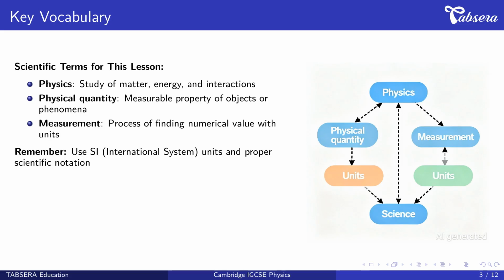Third, measurement, which means the process of finding a numerical value with appropriate units. Without units, numbers have no scientific meaning. Understanding these terms precisely is crucial. Remember to use SI units, which stands for International System of Units, the global standard for scientific measurements.